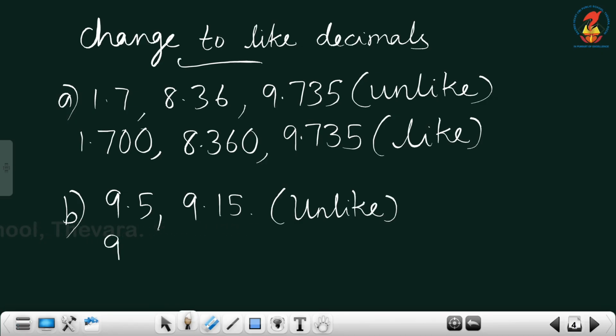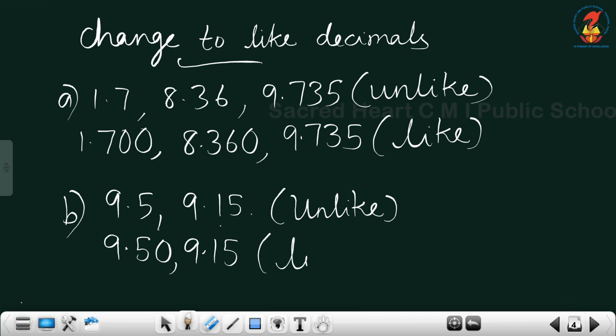How? 9.50. After that 9.15. No need to change anything here, because here we have 2 decimal places, and you need to write the same 9.15 only.